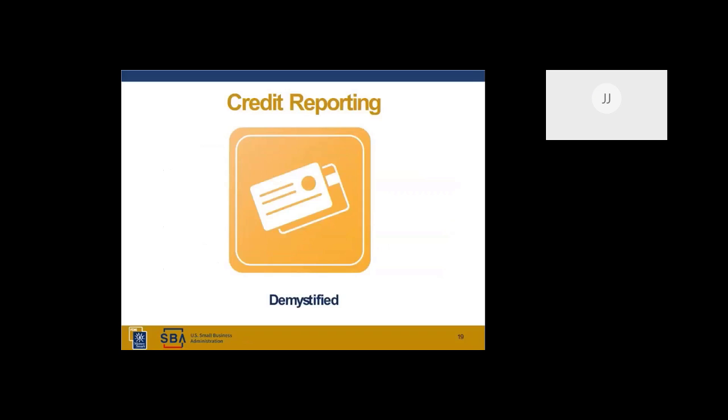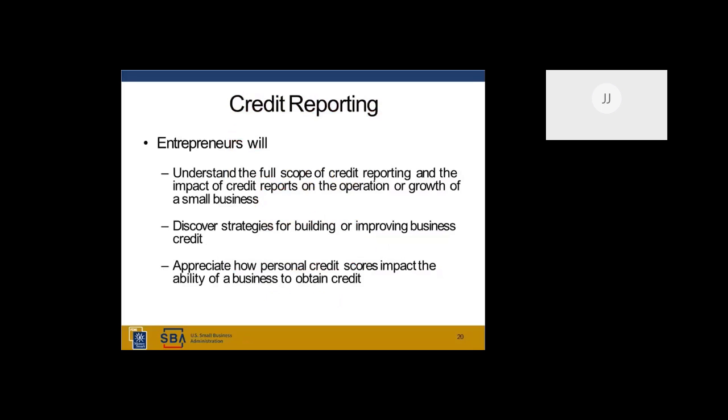So again, I mentioned that we were going to be talking about credit reporting, and the subtitle here is Demystified. I do think that's an appropriate statement for this module. The credit reporting module highlights the impact of credit reports on the operation and growth of a business and the impact that the business owner's personal credit can have on it. Again, I mentioned that earlier.